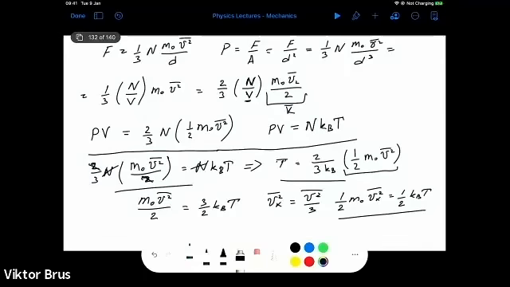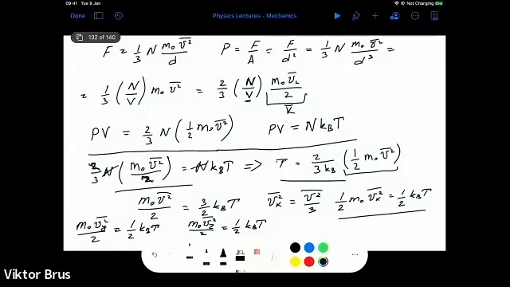So we can write kinetic energy component along axis y, m naught vy square average divided by 2, is equal to another 1/2 of kB times T, and the same for x. For z axis, divided by 2 equals to 1/2 of kB times T.